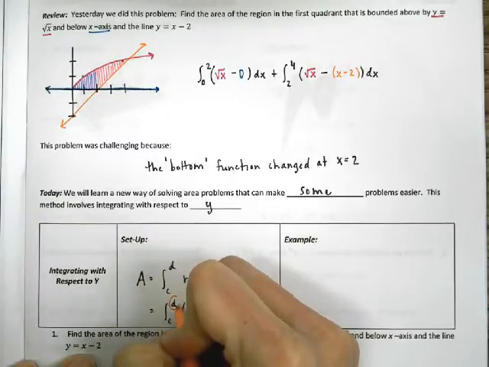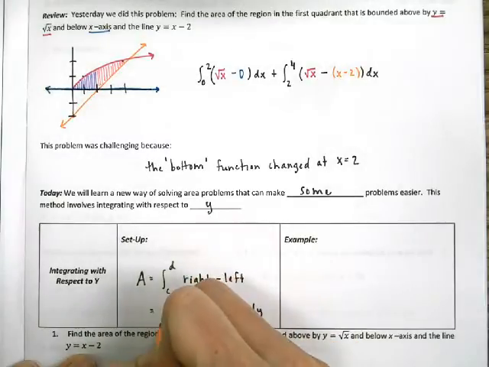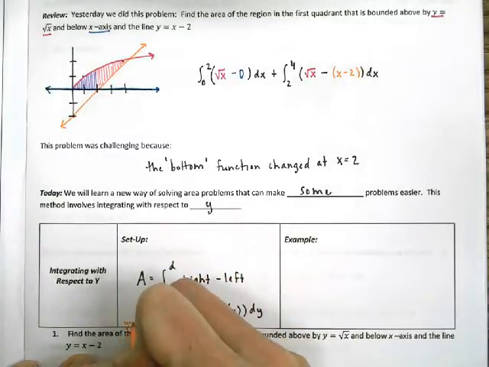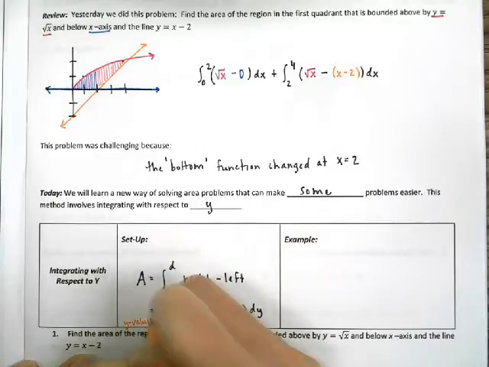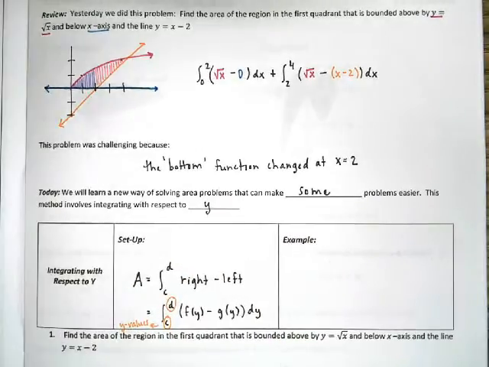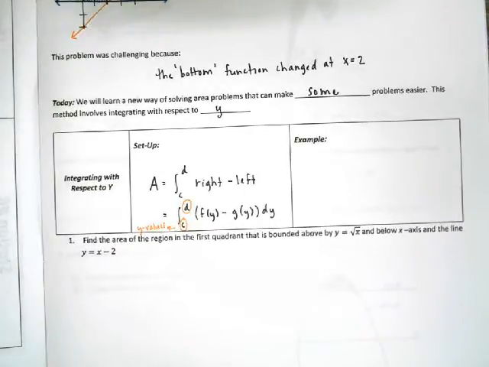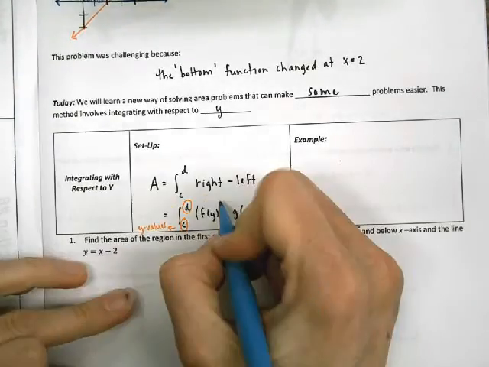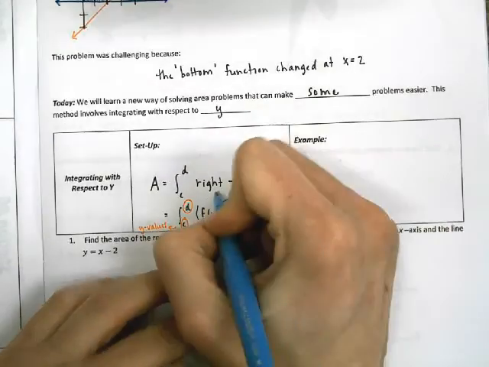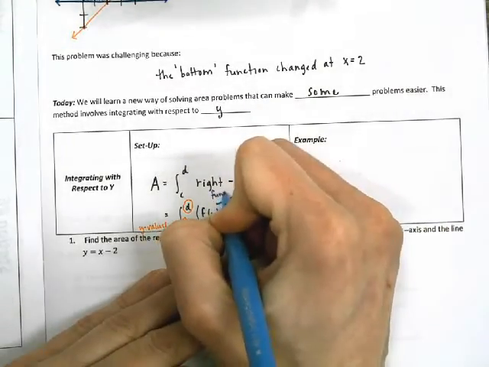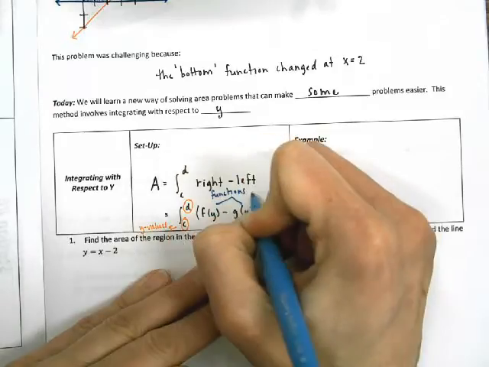Our limits of integration now, since we're in terms of y, are going to be y values and not x values. It's really small, but that says y values. So our limits of integration have to be y values. And then you'll notice here in the integrand, our functions have to be in terms of y.